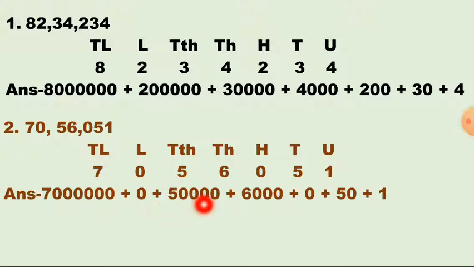Here 4 zeros come because 4 values are left, so it becomes 50,000 plus, at 1000 place 6 is there, so 6,000 plus, at 100 place there is no number, so we will write 0. Then at tens place 5 is there, so it becomes 50. At unit place 1 is there, so we write plus 1. I hope students you have understood the expanded form very well.